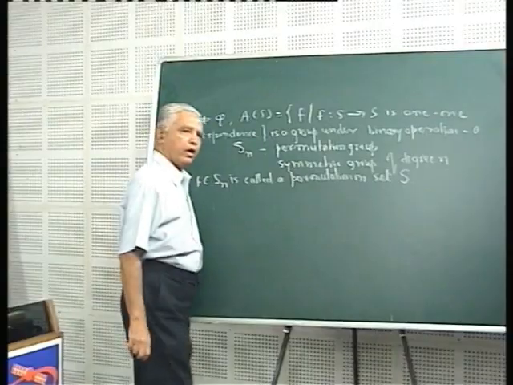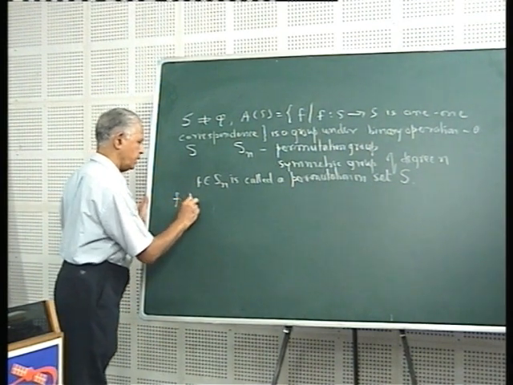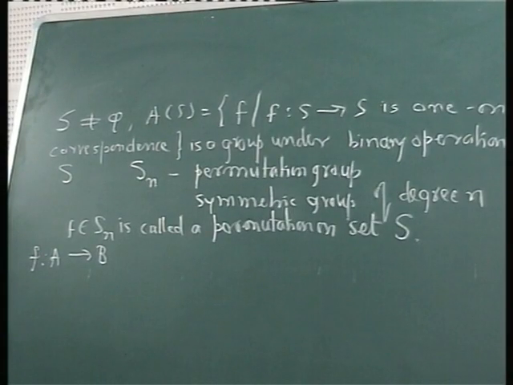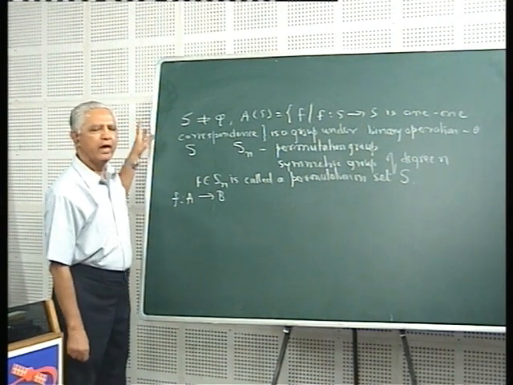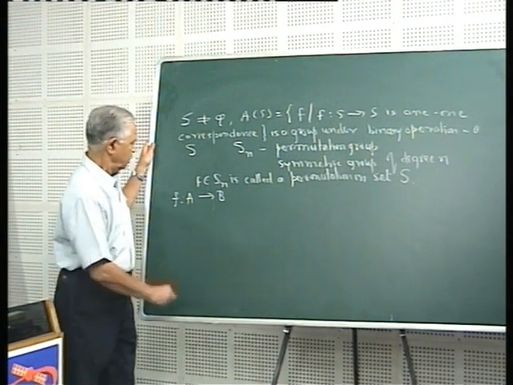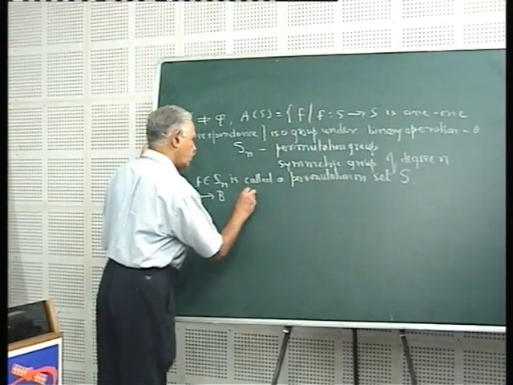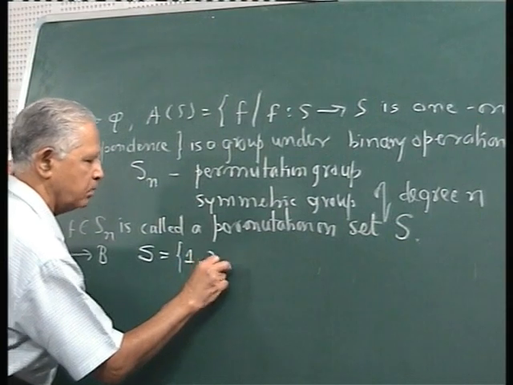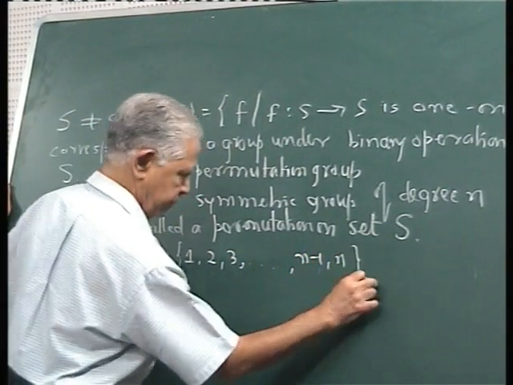Usually we have a notation that f is a function from set A to B. This is our standard notation for the representation of a function. But in the permutation group, we have a special notation for it. To obtain that special representation, without loss of generality, we take S equal to the set of first n natural numbers 1, 2, 3, up to n minus 1 and n.